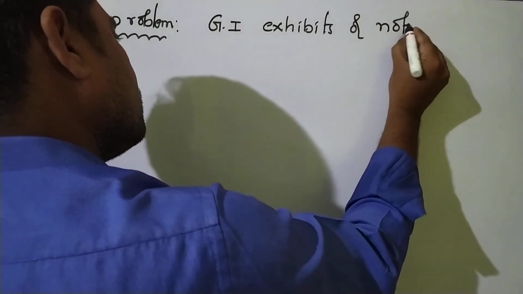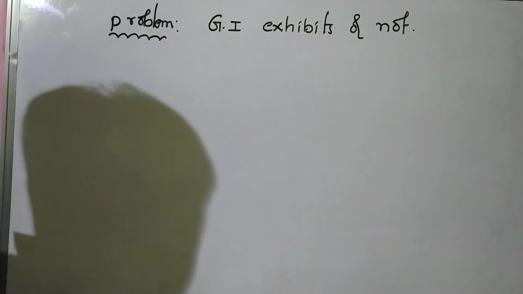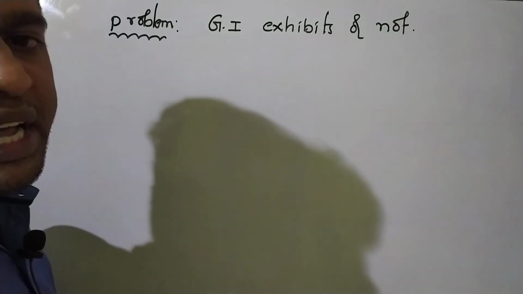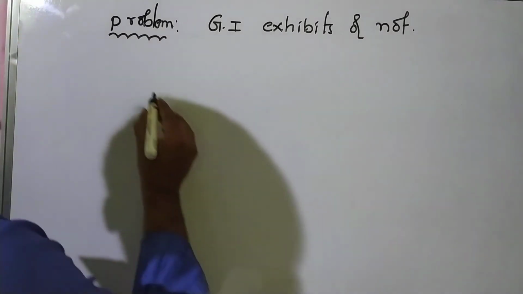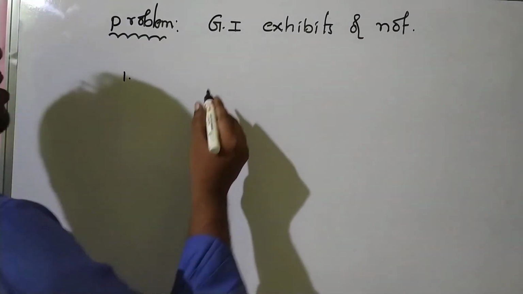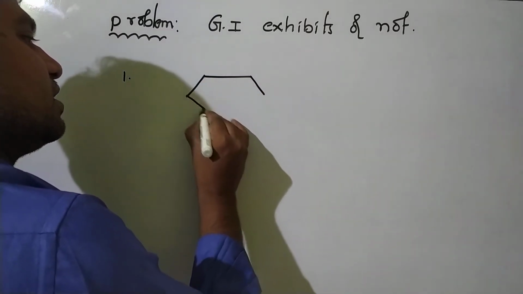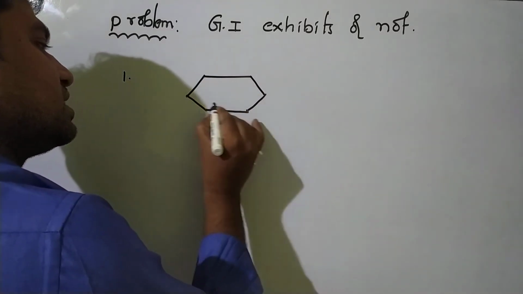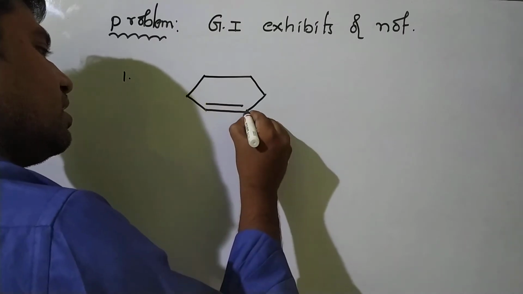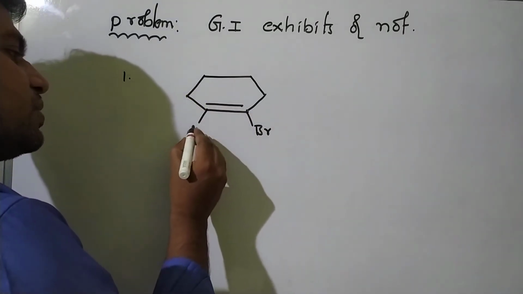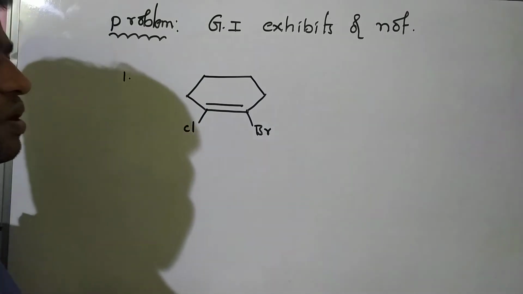Here some compounds are listed. Now we will check whether they are giving geometrical isomerism or not. The first one is cyclohexene. Here a bromine atom is present as a substituent, and here a chlorine atom.